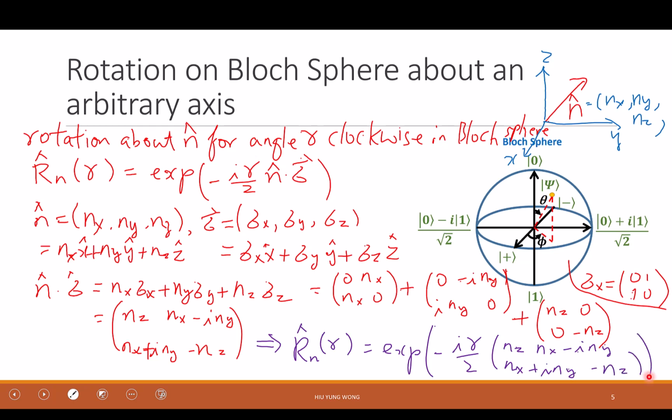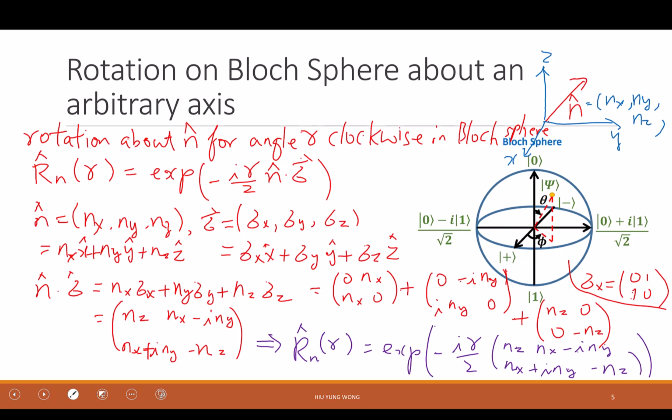So that's why it is an exponentiation of a matrix. This is just a scalar, although it's a complex number, multiplied to each term. You are exponentiating a 2 by 2 matrix. Okay, we'll discuss how to do it later, but that is what it is.